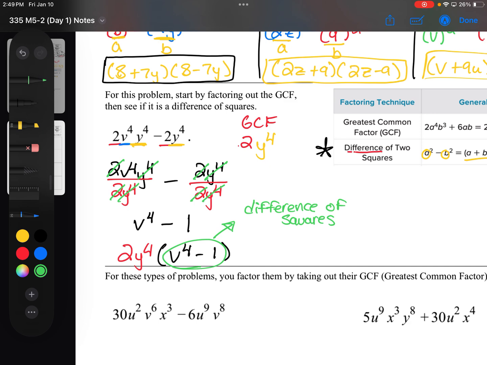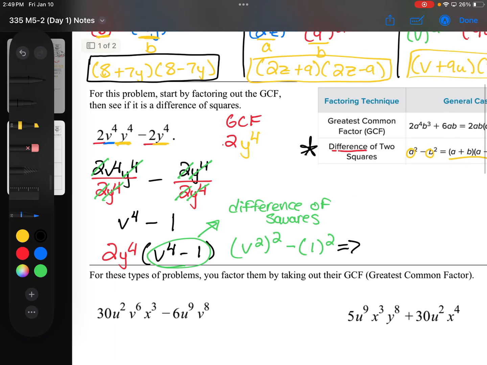This can be rewritten as v squared minus 1 squared. So when you refactor that one out, it's going to become v squared plus 1 times v squared minus 1.